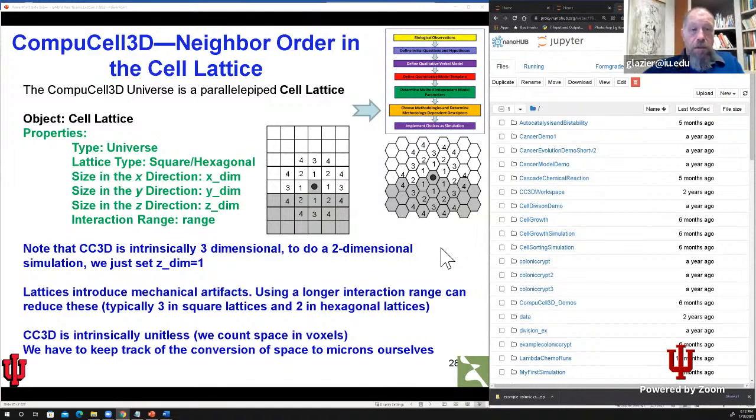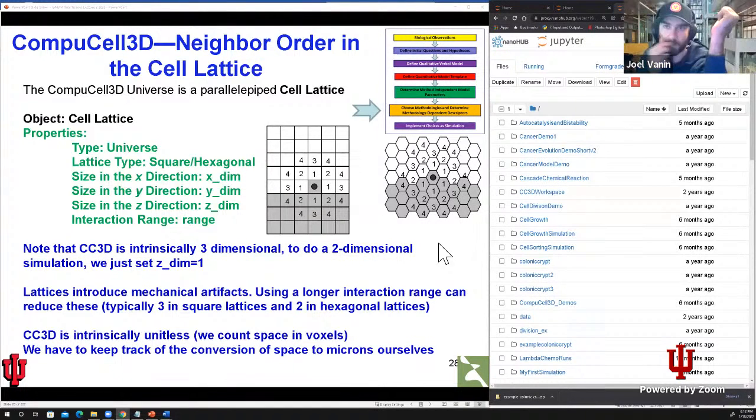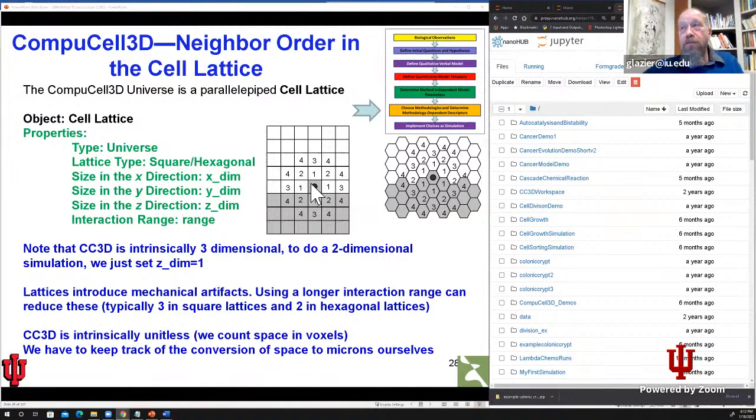Right. So the computational cost difference between having 4 neighbors and 6 neighbors is not large. The computational cost between having 4 neighbors and 96 neighbors in the fourth neighbor range in 3 dimensions is fairly large.